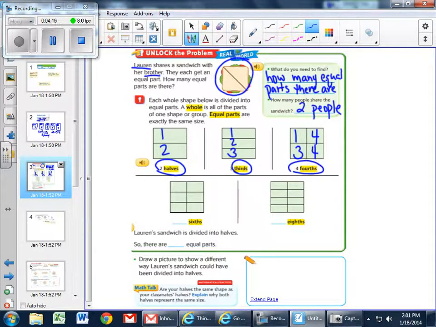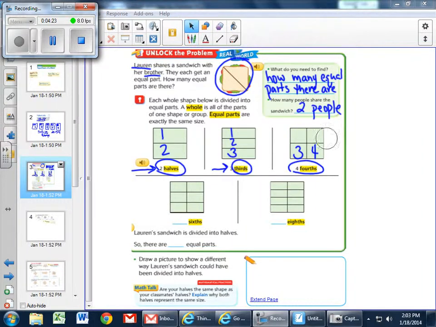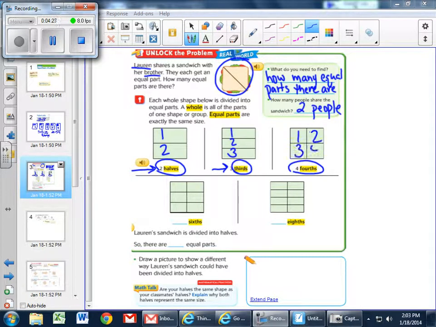Okay, so here you had 2 halves. On this one you have 3 pieces of thirds. This one, oh my goodness, I couldn't even count over here. We better write that one again. We have 1, 2, 3, 4 pieces of fourths.